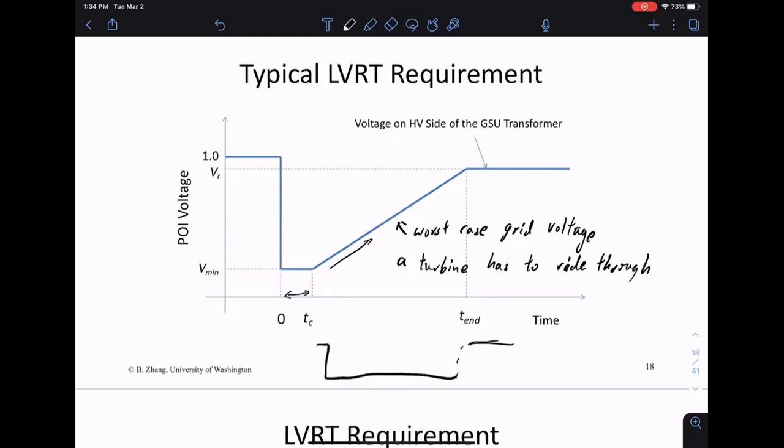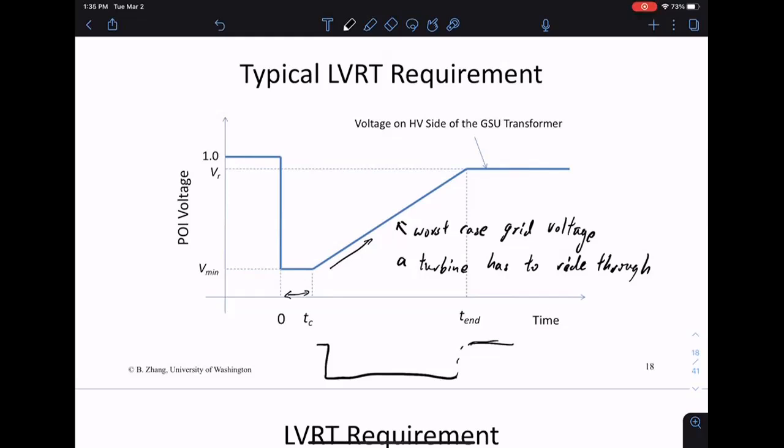So when you design your turbine, the low voltage requirement you get says, okay, this is the kind of curve we expect you to be able to survive. This curve basically has three stages.